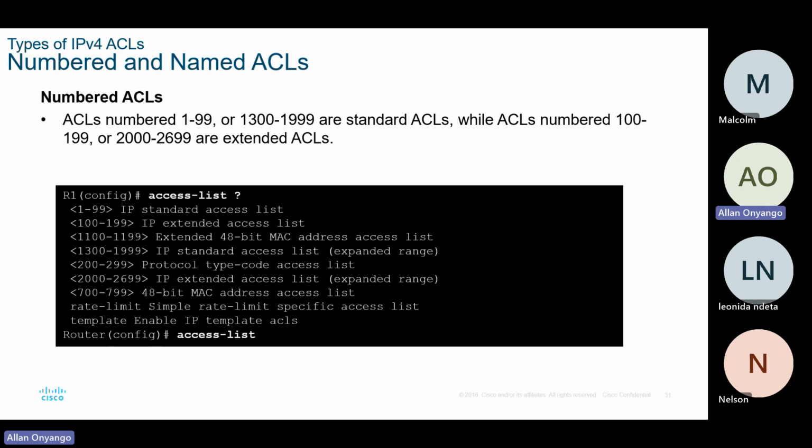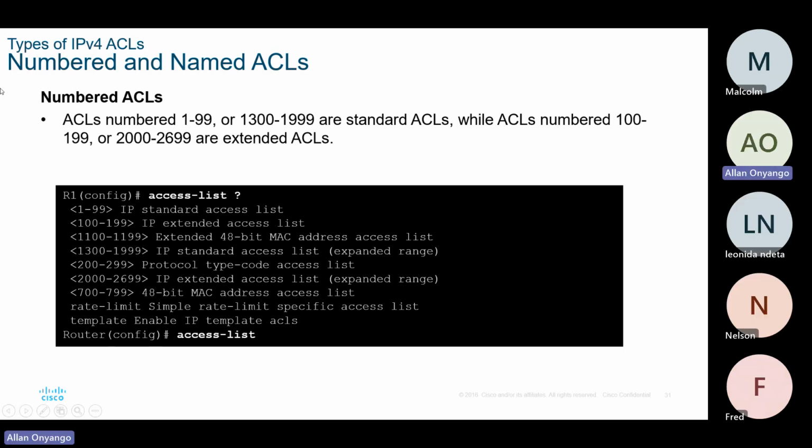Now, ACLs, whether standard or extended, come either as numbered or named ACLs. Let's start with the numbering. Any number between 1 to 99, or 1300 to 1999, are unique numbers meant for standard ACLs.